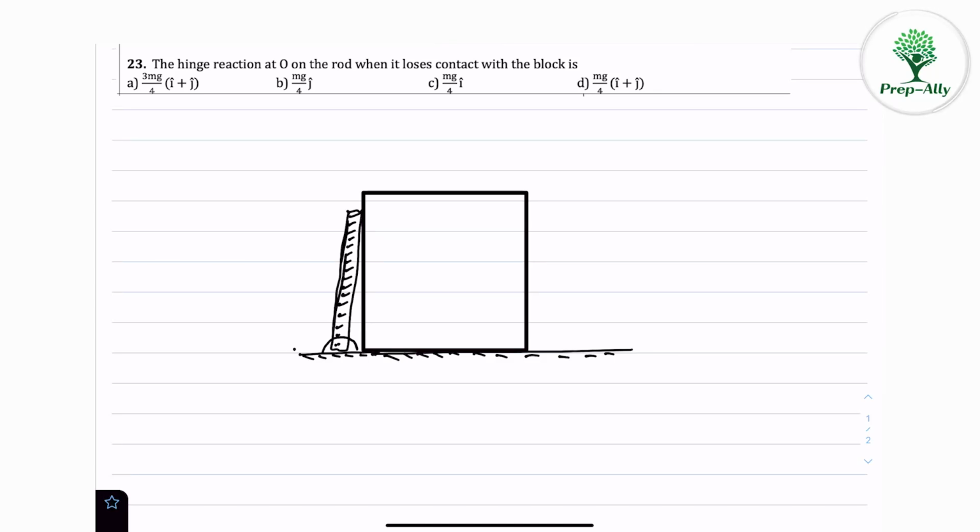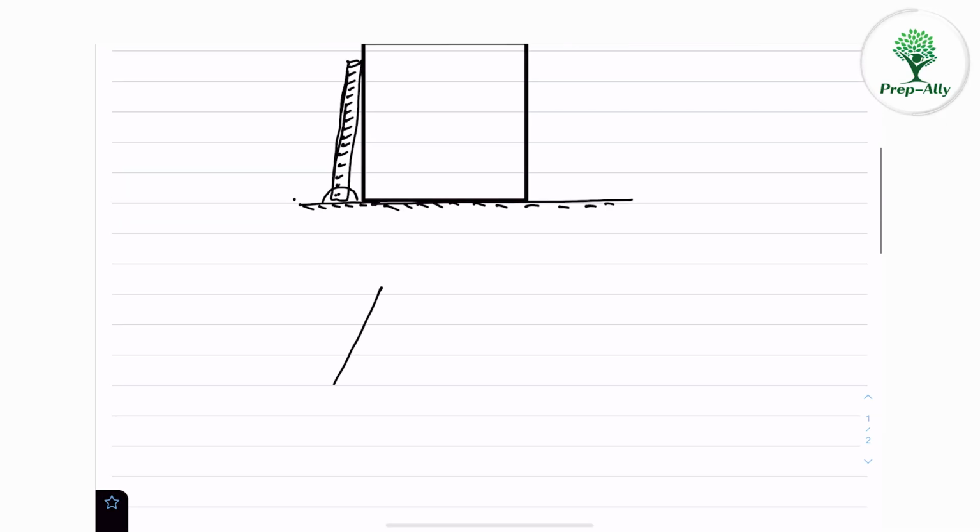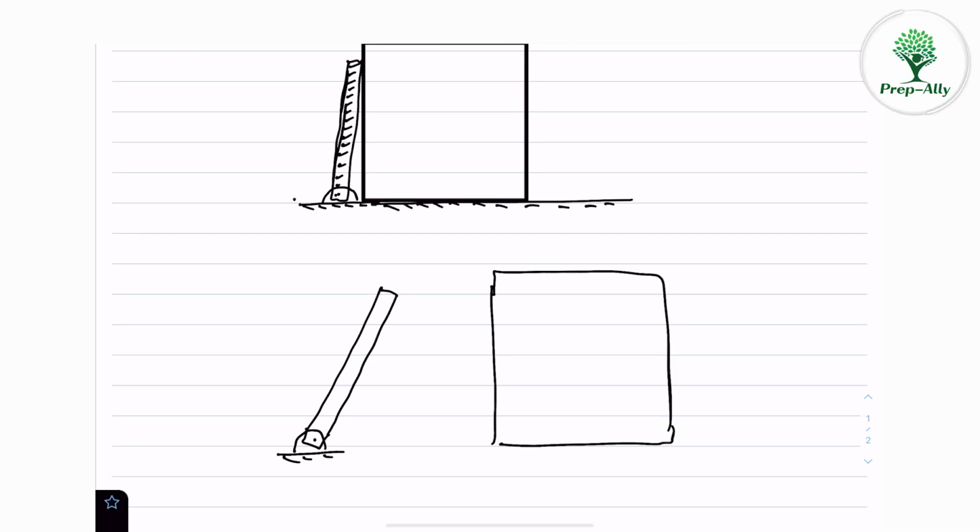Okay, so the thing is, here also there is a smooth surface, no friction at all. And if you take the rod and the block as a system, and draw the free body diagram, we know that net work done by the normal force action-reaction pair between two surfaces is 0. There is work done by normal force by the block on the rod, and by the rod on the block.